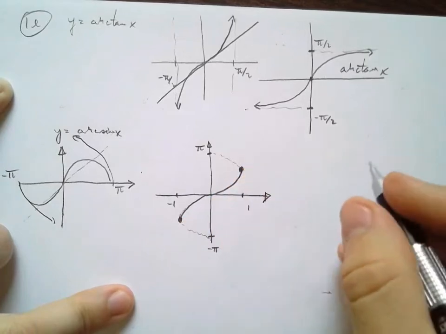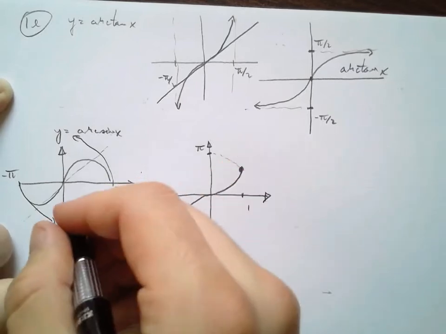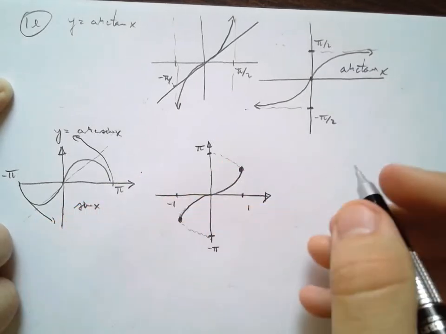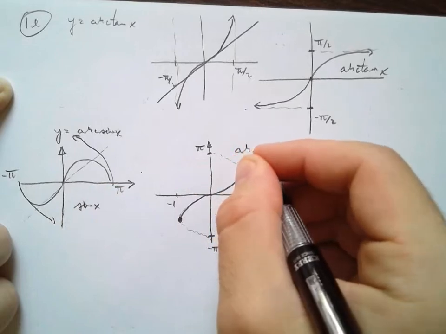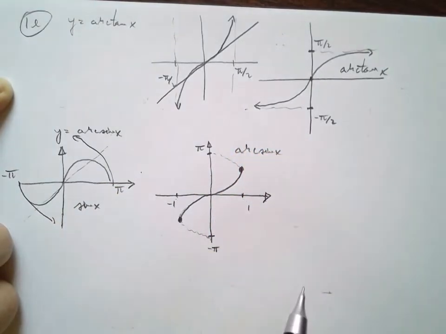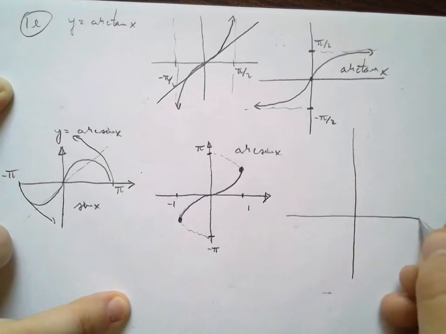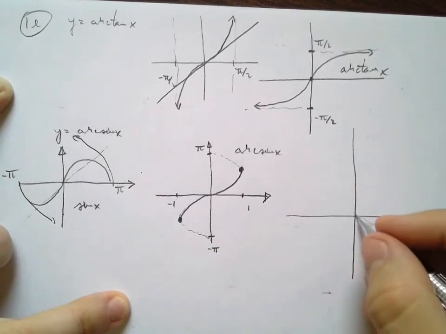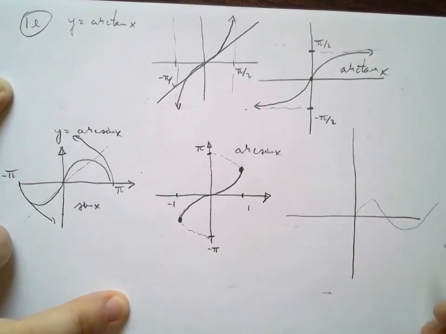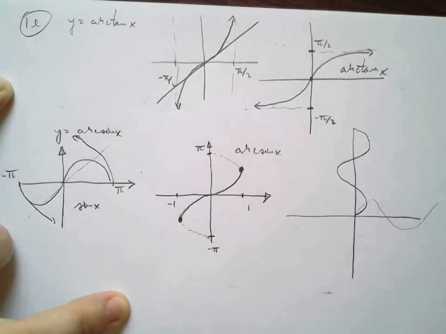Okay? So it's defined only between -1 and 1. Okay? So another way to visualize this is, instead of drawing the sine function like this on the x-axis, you draw it on the y-axis like that.